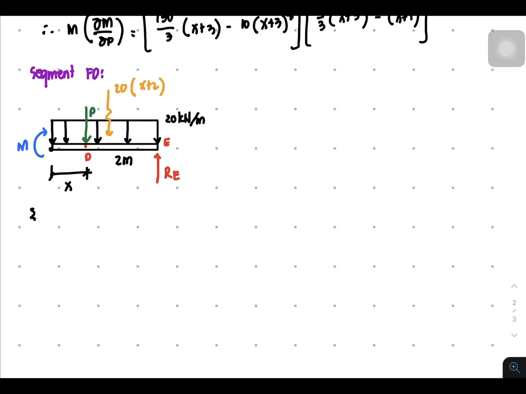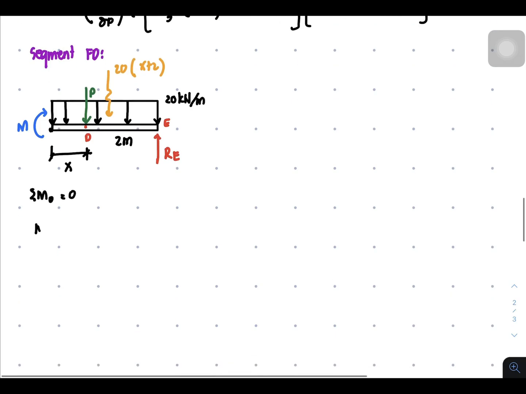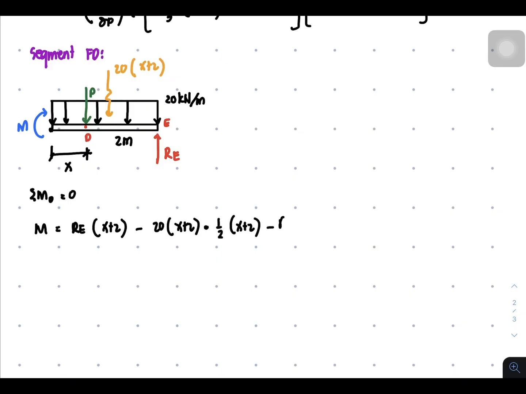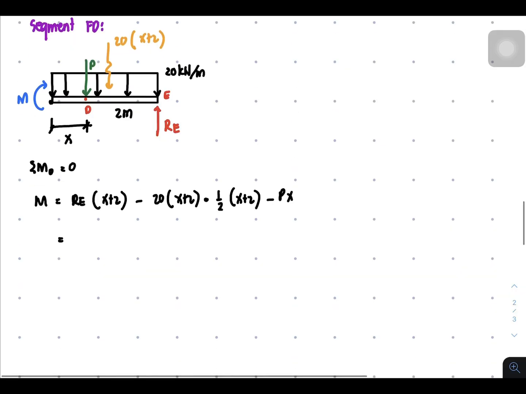So summation of moment at the point of cutting equal to 0, you will have m equal to RE times x plus 2 minus 20 times x plus 2 times 1/2 of x plus 2 minus p times x. And simplifying, substitute RE.